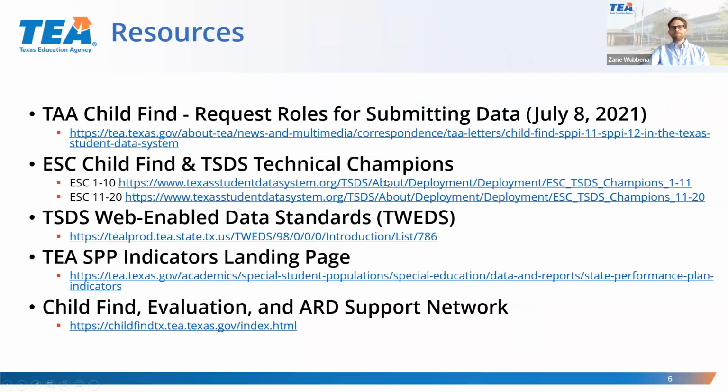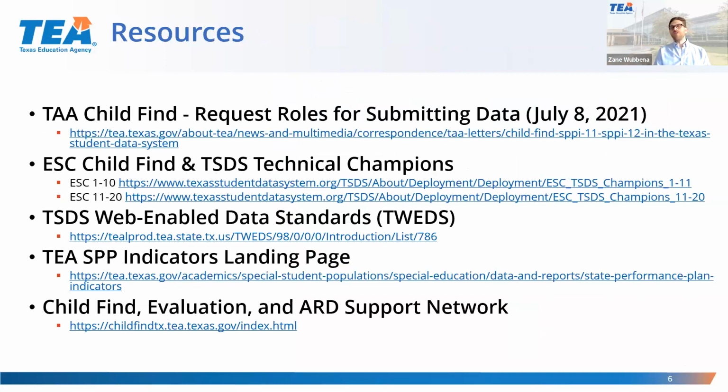All right. Now we just go over to the resources section. Of course, as the presentation is posted online in PDF form, you'll be able to click on these references. Here, this first resource is the very first TAA that was put out for the child find collection.